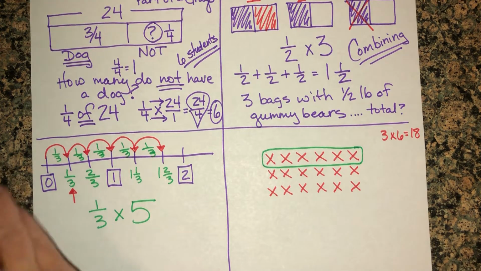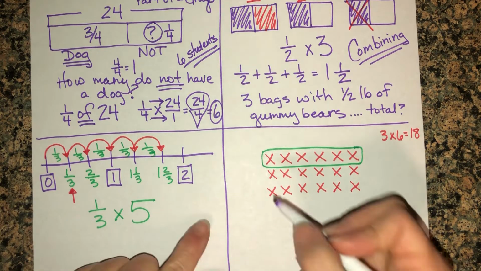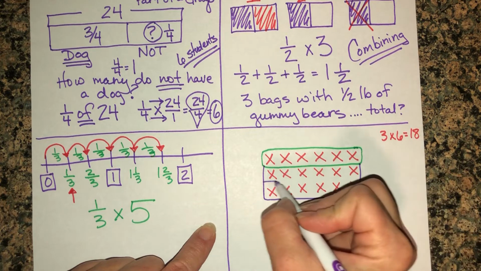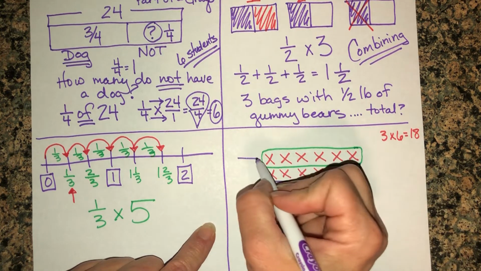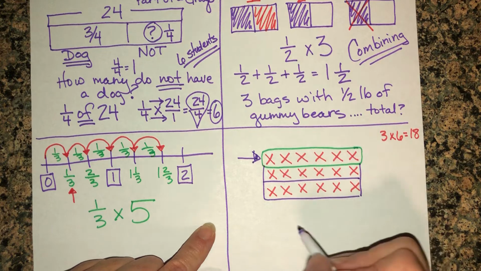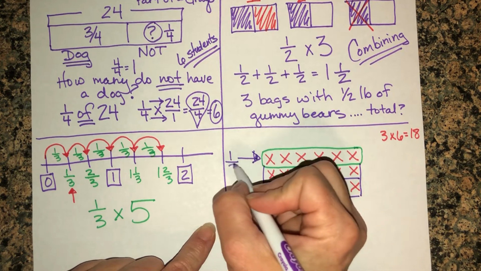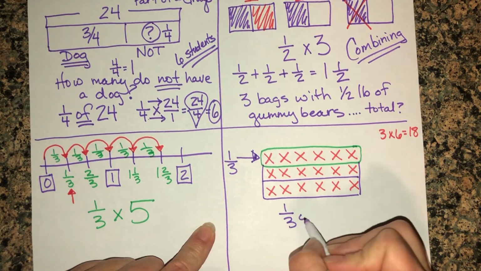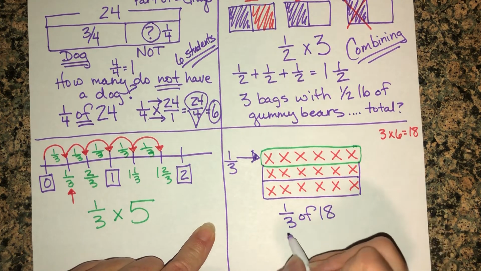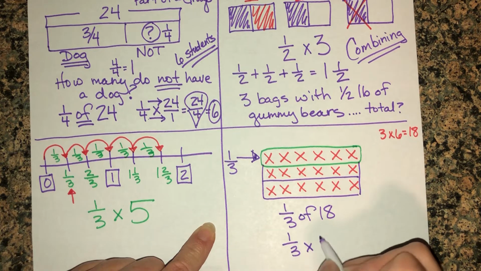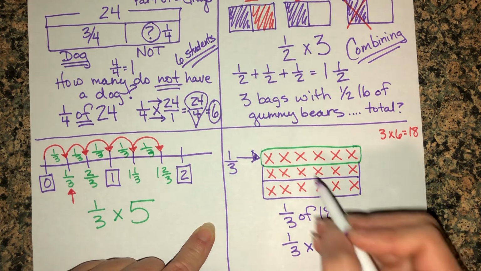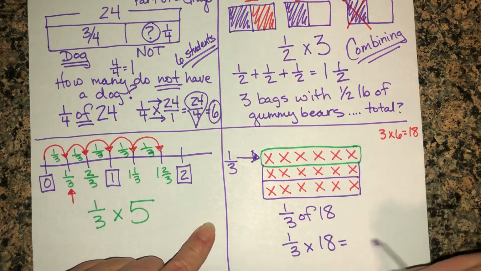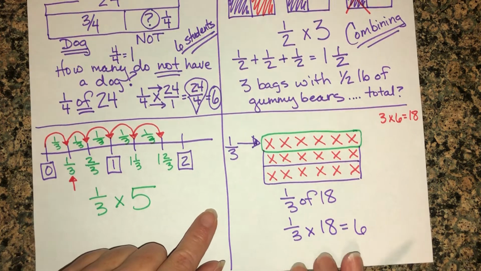And I did this the other day, but if you just visualize, okay, I'm going to split this into equal sections. What is this part of the group? This shows 1/3 of 18. 1/3 of 18 is the same as 1/3 times 18. And my magic number is what's in the box. 1, 2, 3, 4, 5, 6. That's my answer. My answer would be 6.